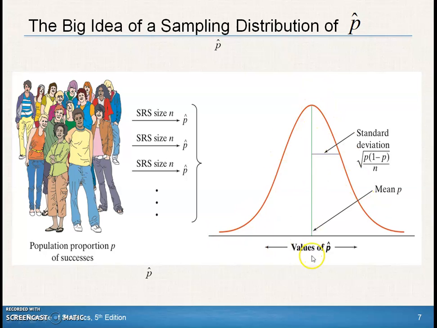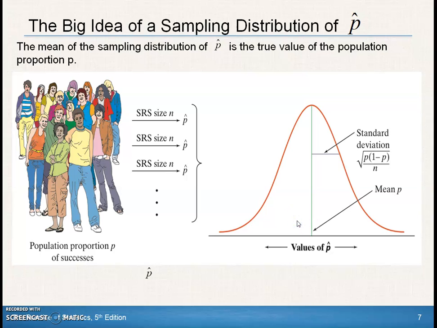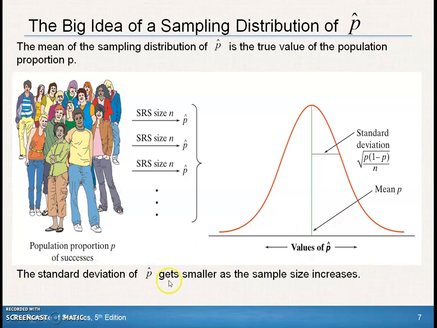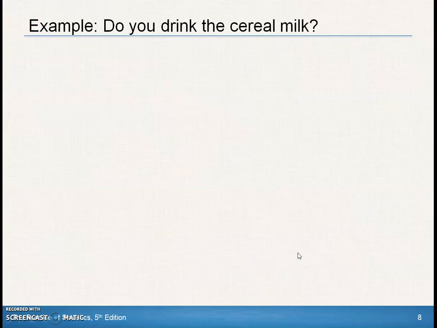And the average down the center here, the mean, is the same. So the mean of all these p caps will be p. The standard deviation is the square root of pq over n. The standard deviation gets smaller as the sample size increases because of that n in the denominator.